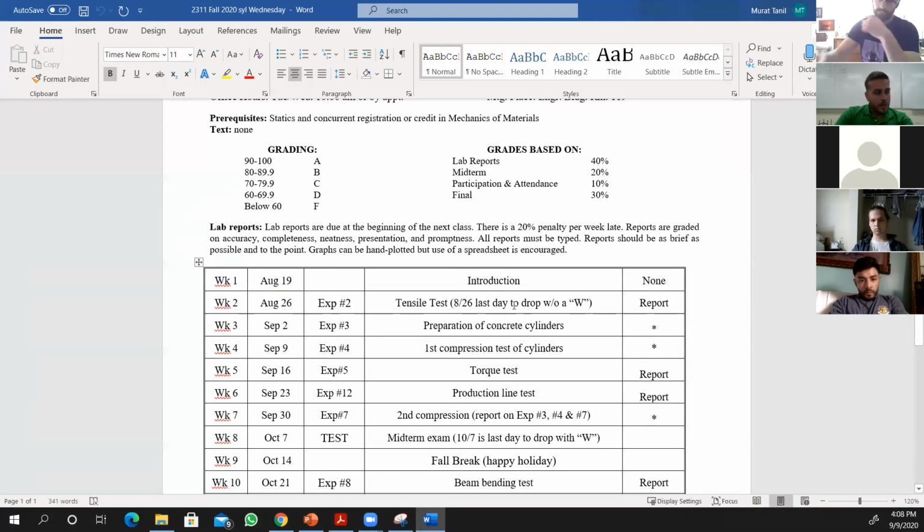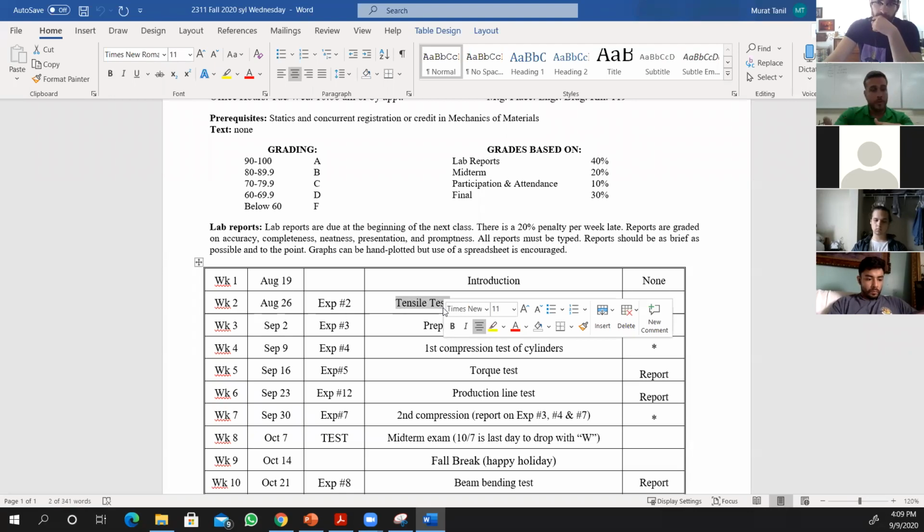So introduction, we covered the introduction. Even though I forgot to record the video, you should have the syllabus, you should have the book that I posted, and you should have heard from your friend what the coursework is about, or if you have not, give me a call. And the tensile test. I did the tensile test, and I'm still trying to explain it for those of you who have not followed up with the class.